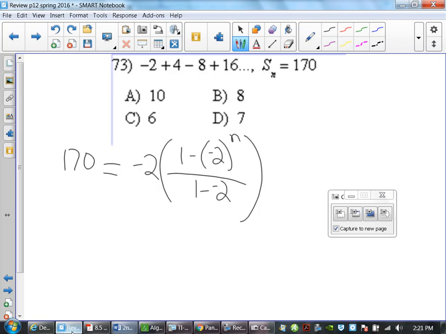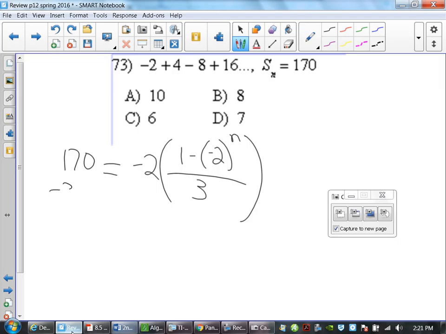Okay? Yeah. I mean, you can go for it if you want. Because it's only double, you can do it. But we'll go the long way here. What's 1 minus -2? 3. So now I'm going to multiply by the reciprocal of -2/3.